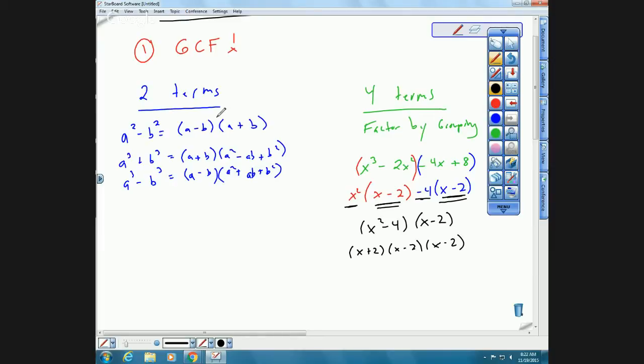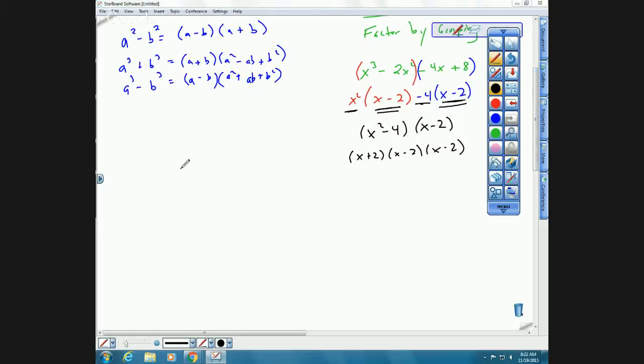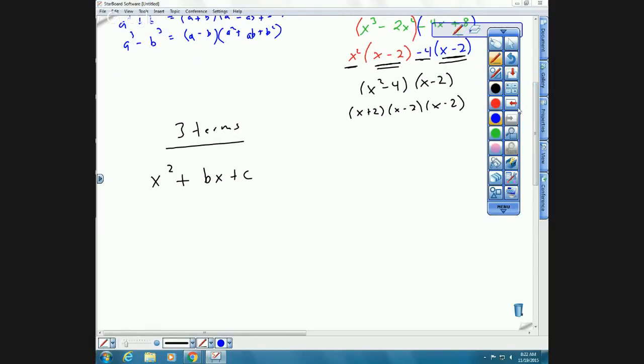All right, so two terms has got to be special. Four terms has got to be factored by grouping. Three terms is the tougher one. Three terms, you have two options. You can have not a number in front of x squared, or 1 in front of x squared technically.